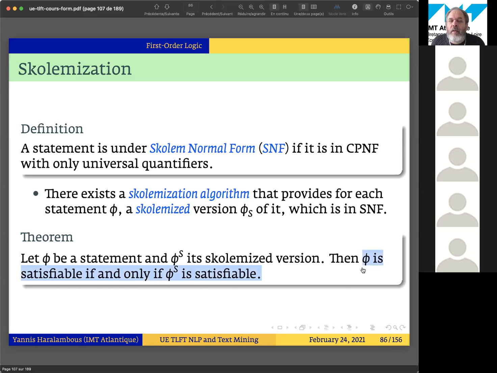So we don't get equivalent formulas, but from a contradiction, we will get a contradiction. From a tautology, we will get a tautology. From a satisfiable formula, we will get a satisfiable formula. So at least we can prove contradiction doing skolemization. Now, what is skolemization?